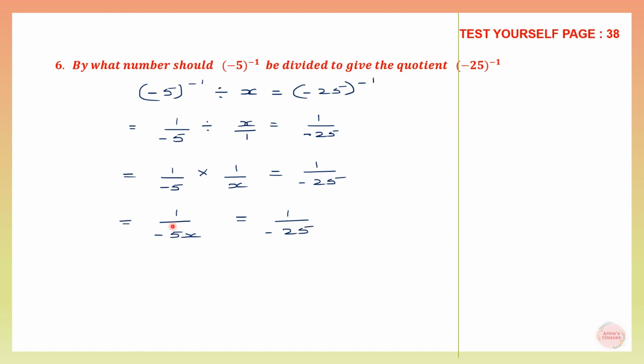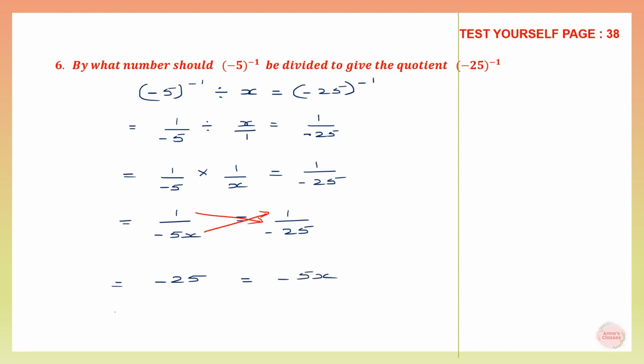So here when you have something like this, you can cross multiply. That means I can multiply 1 and minus 25, the numerator and denominator. So what will that be? 1 into minus 25 is minus 25, and this will be equal to, multiply the other side, minus 5x into 1, which is minus 5x.